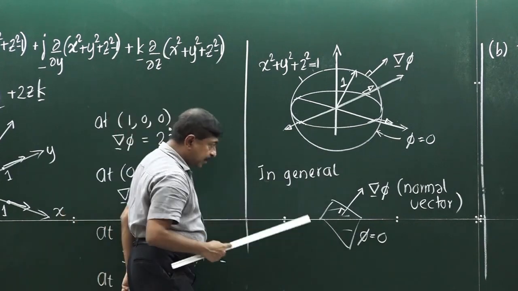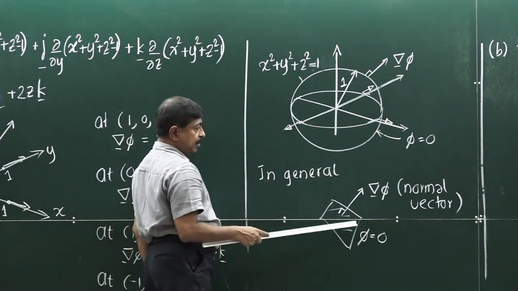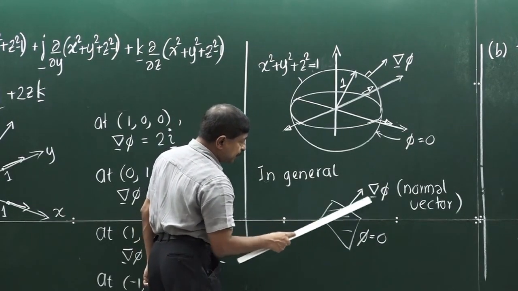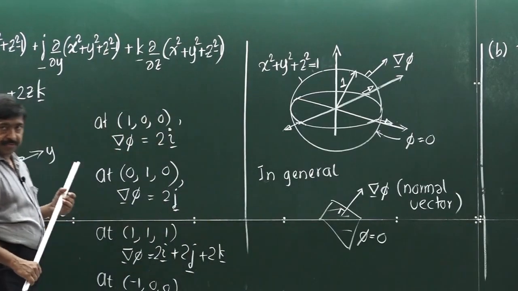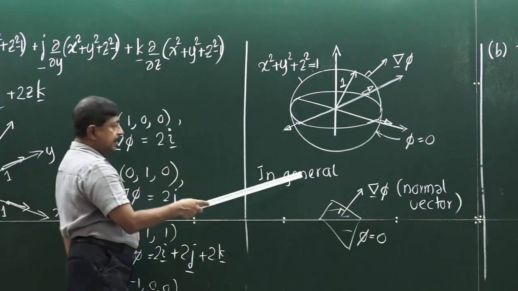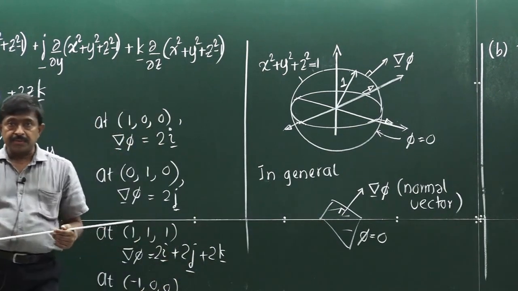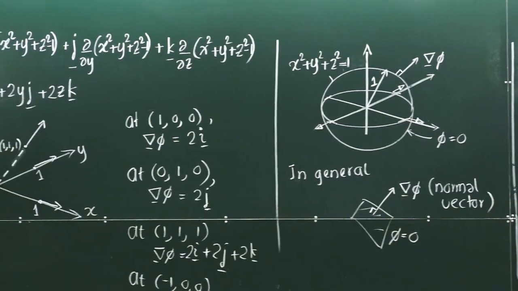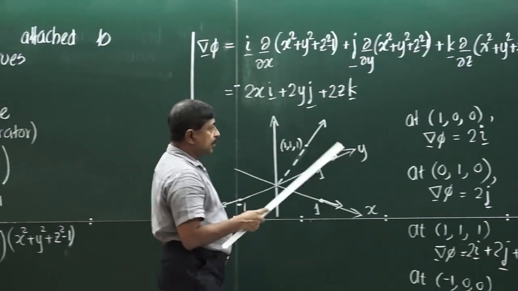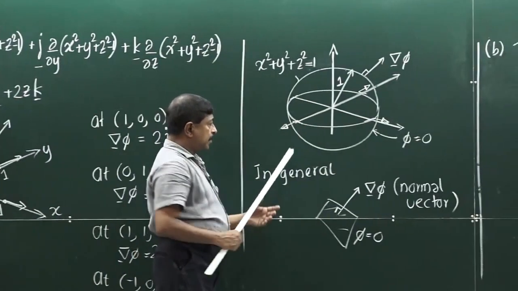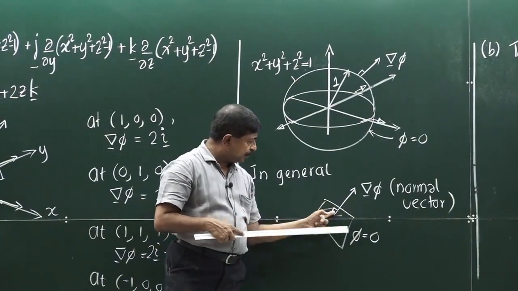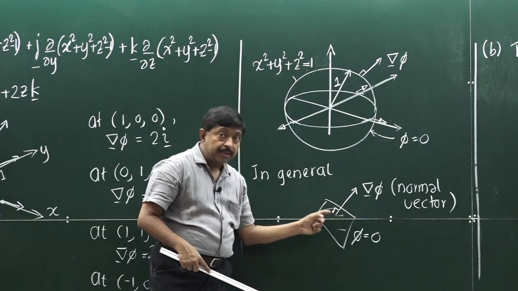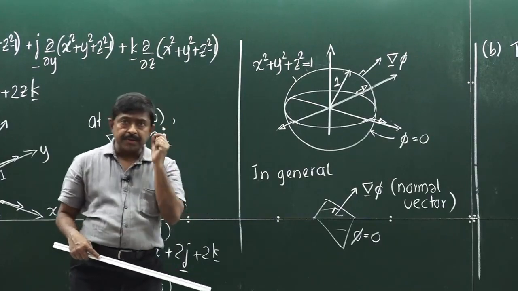Therefore, in fact, for any surface phi equal to 0, grad phi is always the normal vector to that surface. This is just a special case, but in general it is true for any surface. I just wanted to demonstrate it using this sphere. You can also see that the normal vector is not unique, but the normal direction is unique.